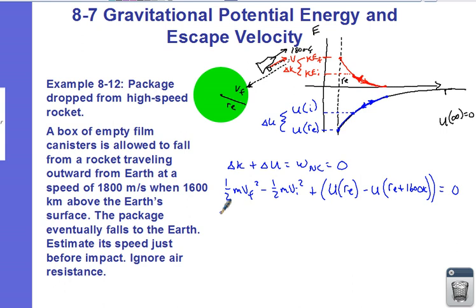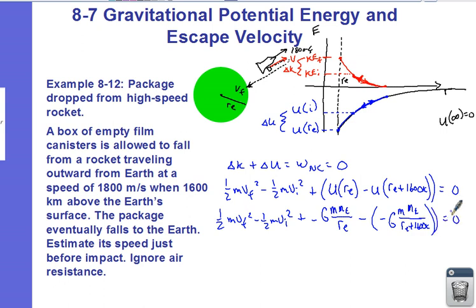Let's go ahead and clean this up just a little bit. We defined the gravitational potential energy as a negative G, m of the object, m of the Earth, all over, in this case, the radius of the Earth, and then minus negative G, m of the object, m of the Earth, all over the radius of the Earth plus 1,600 km, equal to 0.